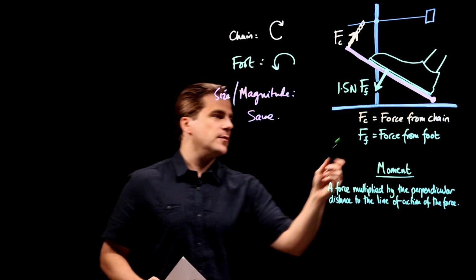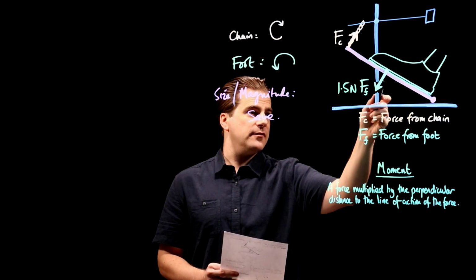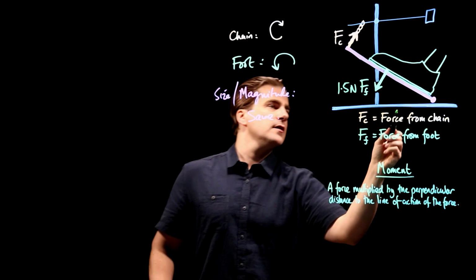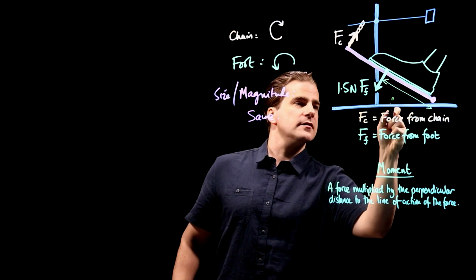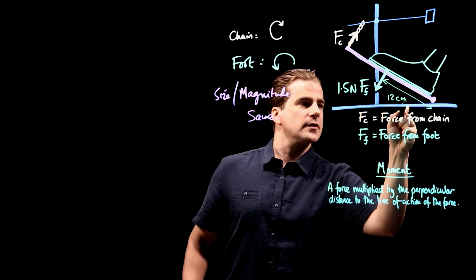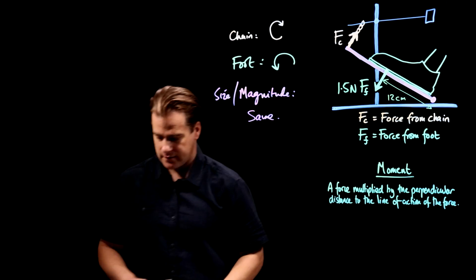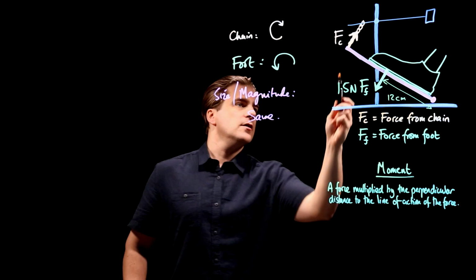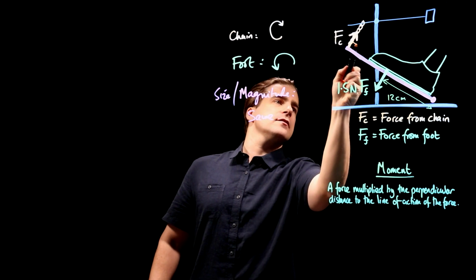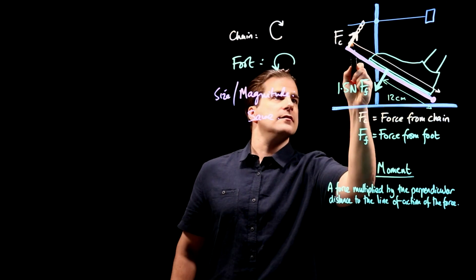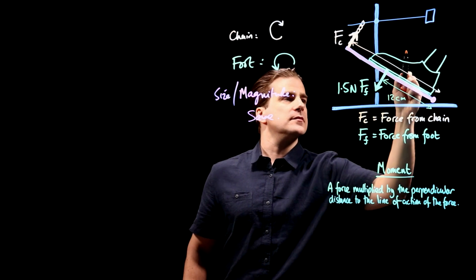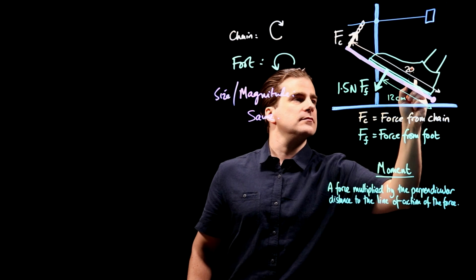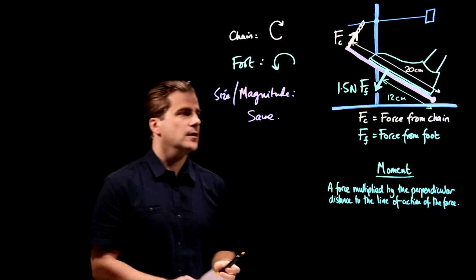The perpendicular distance from the pivot to FF is 12 centimeters. Okay. And the perpendicular distance from the chain to the pivot, so that distance there, is 20 centimeters.